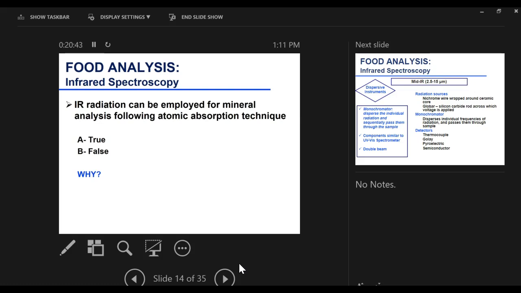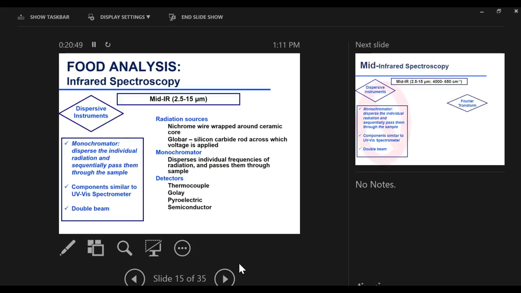So here you see a little bit of detail on certain radiation sources and detectors. You're not really supposed to know all of this. They're just here for FYI, but I want to explain the difference between dispersive instruments, for example, and then FTIR coming up next. So in a dispersive instrument, that means the light is dispersed into singular wavelengths.